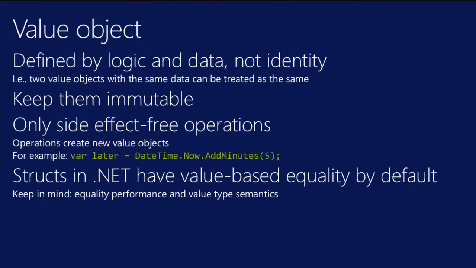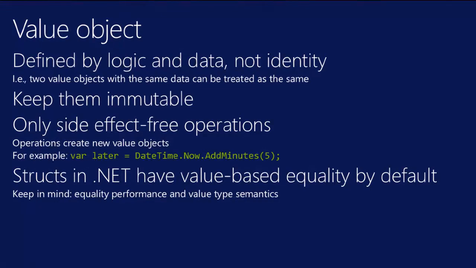Now, in .NET, we have structs. And structs have value-based equality by default, which means that if you have a struct like Point or anything else, they will be sort of value objects by default, and you can compare them; if they have the same data, they will be the same. There are things to look out for.